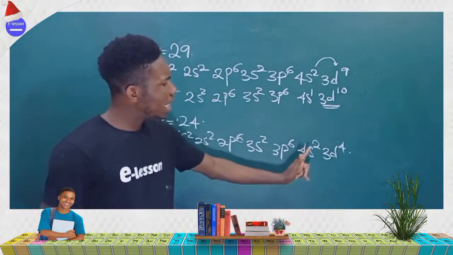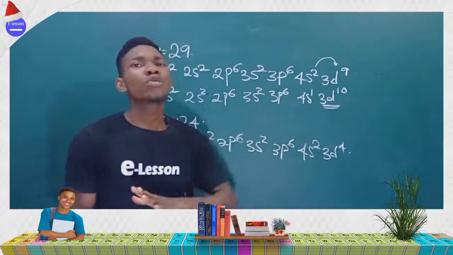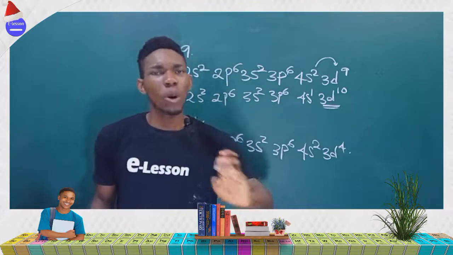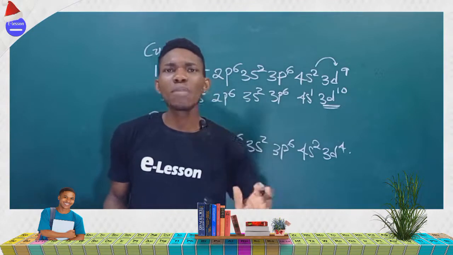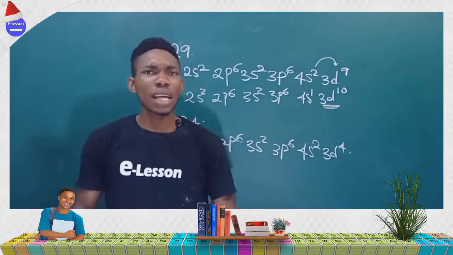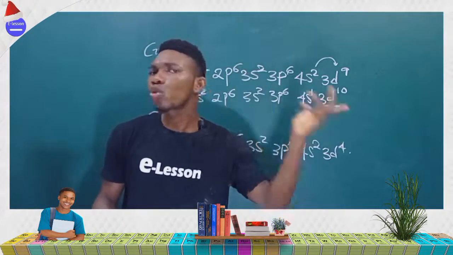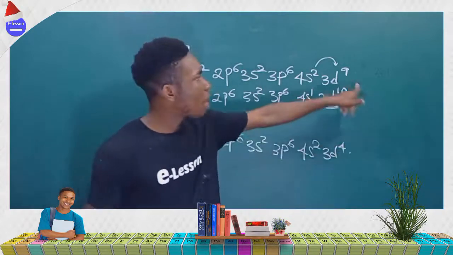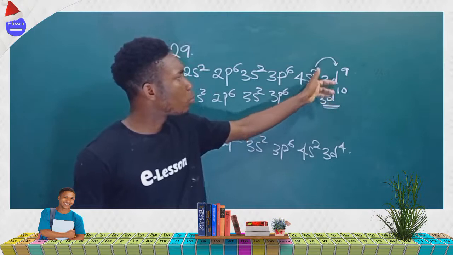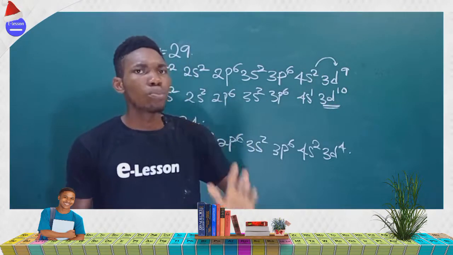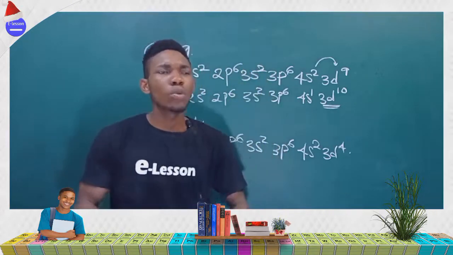But you see that we can easily promote one electron here so that it will be half filled, because when it is half filled or completely filled, they confer more stability than when it is partially filled. So whenever you can easily promote just one, not two. If you promote two, then you are wrong. It doesn't work like that. You promote just one so that they will work on pair.